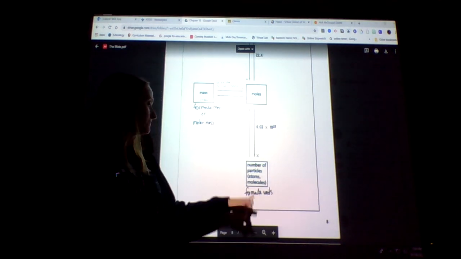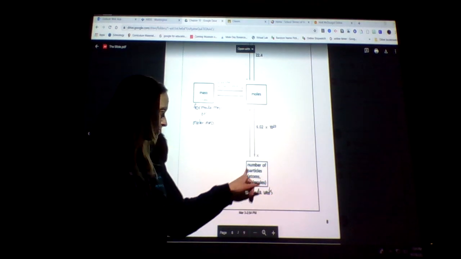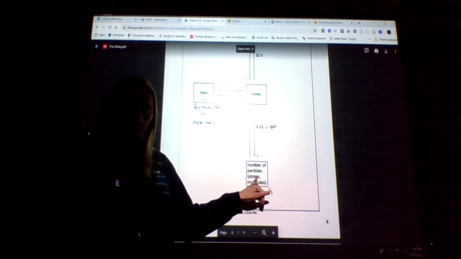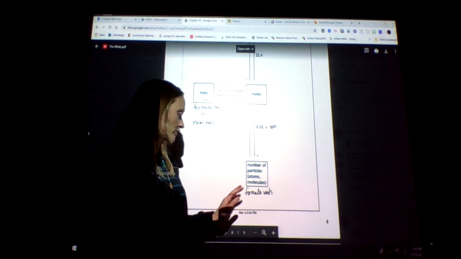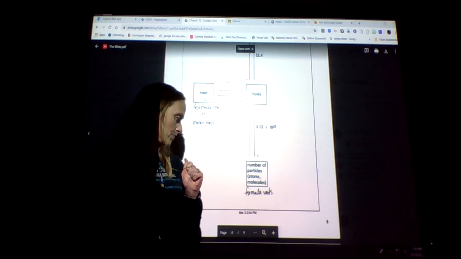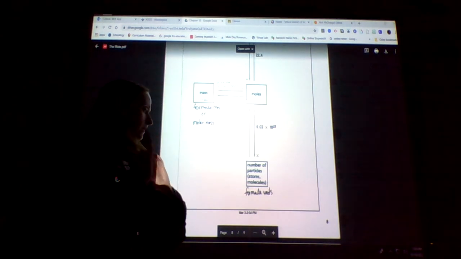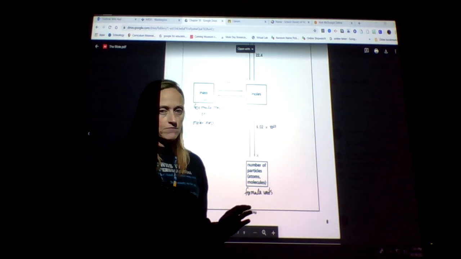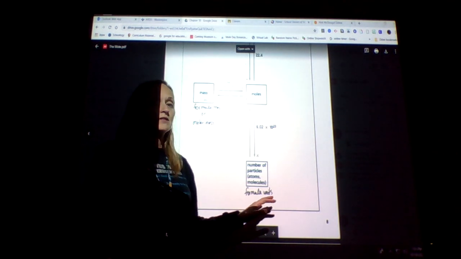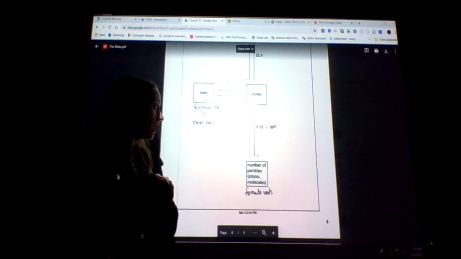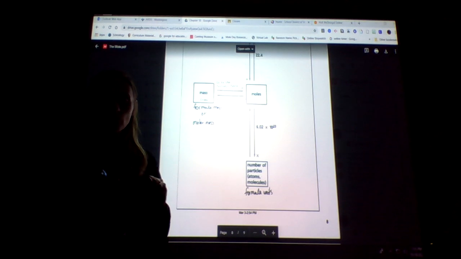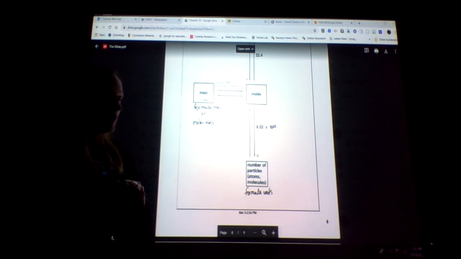So formula units is the same thing as starting down here and converting using Avogadro's number to your number of moles. I just wanted to give you the heads up on that. And I will let you abbreviate formula units as long as that's what you mean by formula units. So that will conclude this video.